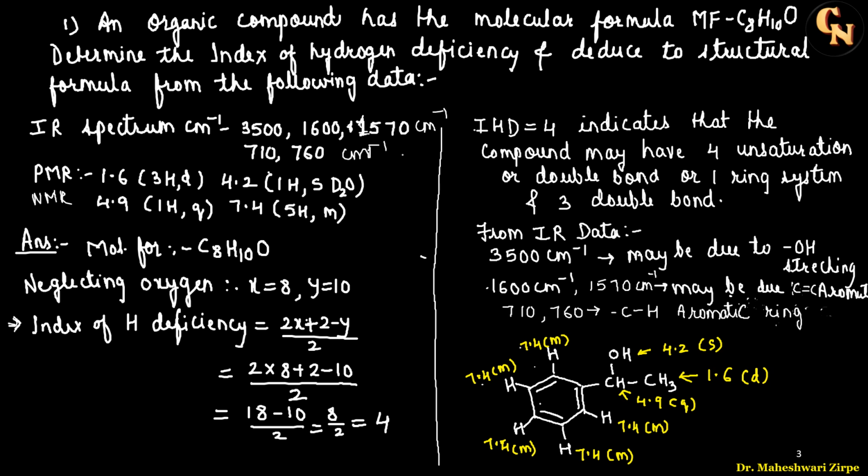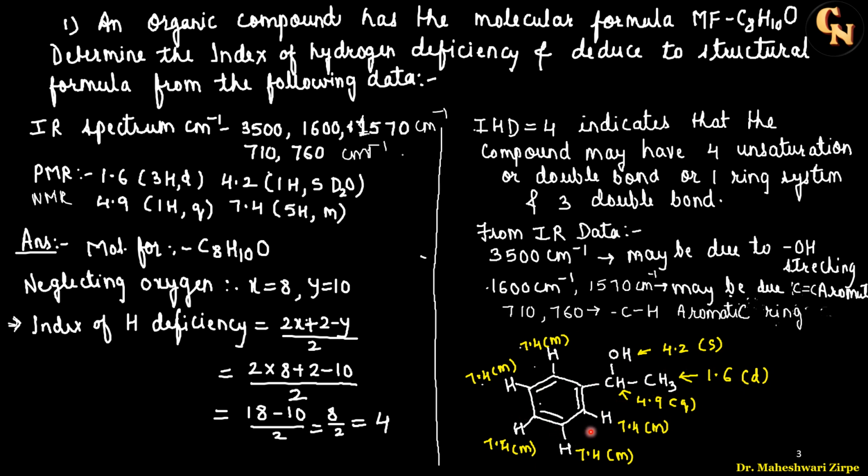Then this CH shows 4.9, as it is directly attached to the benzene ring and near oxygen, so it is a de-shielded proton. Similarly, this proton directly attached to oxygen, the alcohol proton, will show 4.2 singlet. Again it is de-shielded, so it has the higher value 4.2. And CH3, these 3 protons, will show 1.6 doublet because it is attached to CH. This way we can elucidate the structure.